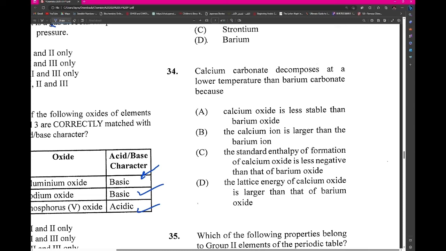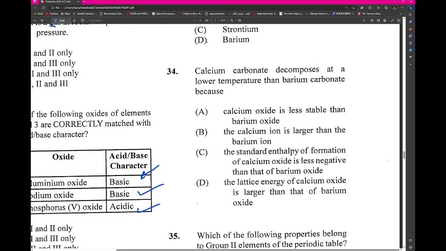So what would be the best thing here? The smaller the ion, the more distorted the electron clouds on the carbonates. I believe that calcium would be smaller than barium.